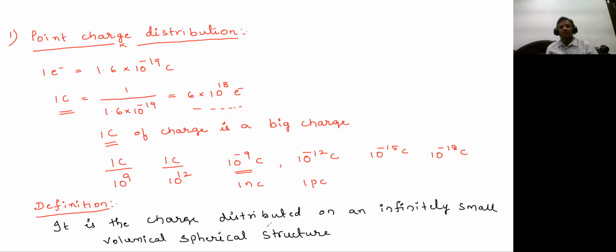That sphere is a very small one, with a spherical surface, and inside there is some volume present in it.